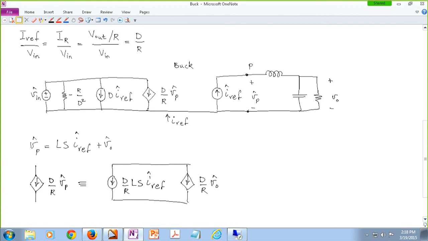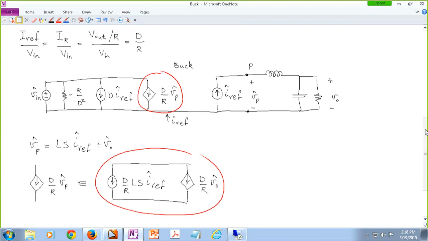So that block of current source that I have up here, I can break it down into two sources of current, these two basically. And then combine the ones that are proportional with Iref with each other, and then write down the final equivalent model.